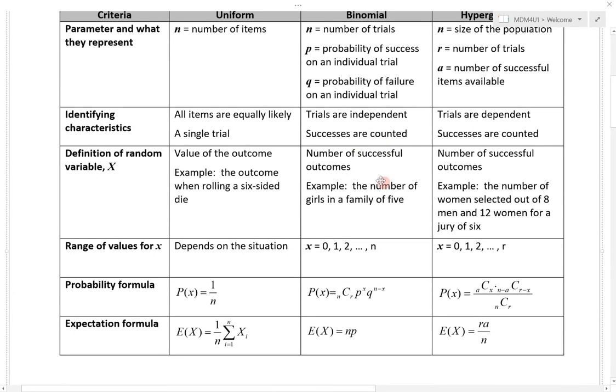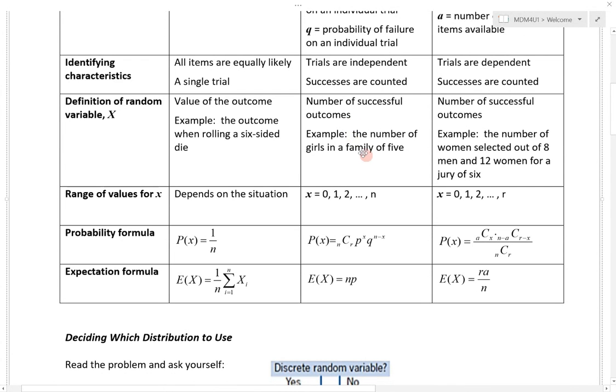X, by definition, is the number of successful outcomes, whereas in a uniform it's the value. For example, the number of girls in a family of 5. The range of values goes from 0 all the way to n. There's a probability formula for the binomial probability, and the expectation formula is given here as well.